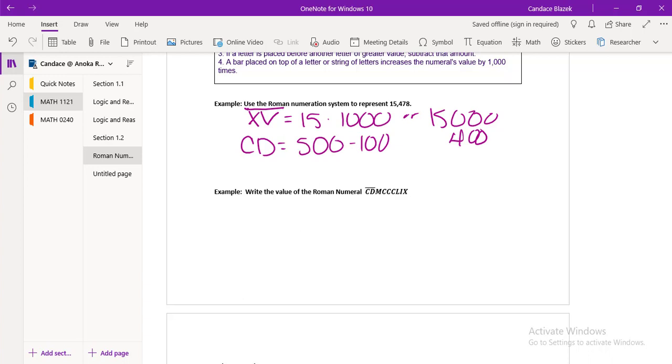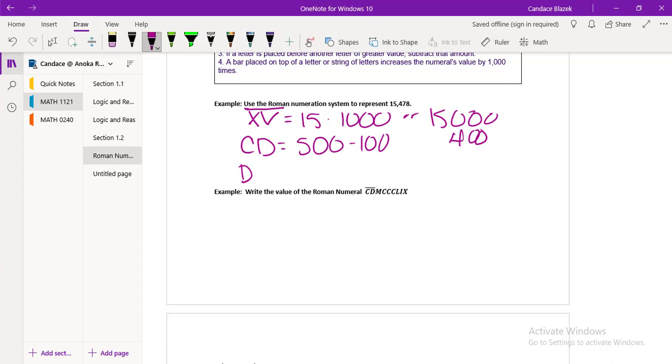All right, now it's 78. So for 78, we will do our 50, which is an L, plus 10, which is 60, plus 10, which is 70, and then 8. 5, so 75, 6, 7, 8.